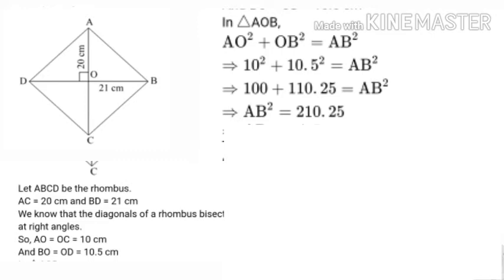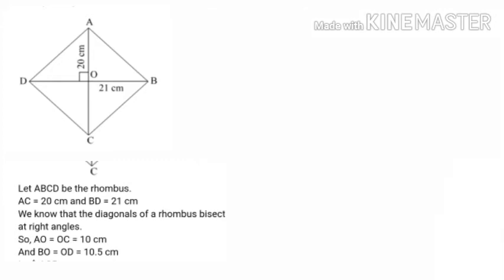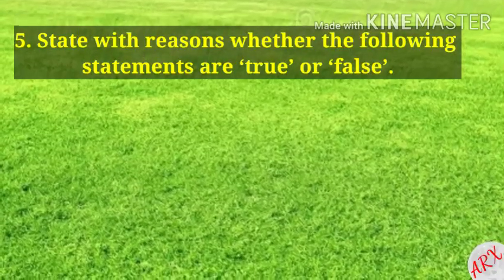Take square root on both sides. AB equals 14.5 centimeters. Therefore each side of the rhombus is 14.5 centimeters. Now perimeter equals AB plus BC plus CD plus DA equals 14.5 plus 14.5 plus 14.5 plus 14.5 equals 58 centimeters.